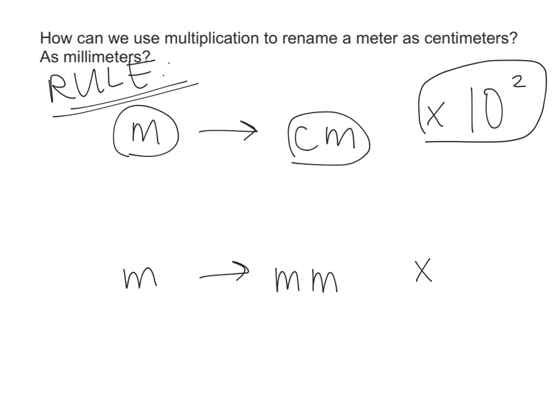And this time, if the problem's telling you to go from meters to millimeters, I need to multiply that number by what, Ben? 10 to the power of 2. So how many millimeters are there in 1 meter? 3. Why is it 3 and not 2? How many millimeters are there in 1 meter? 1,000, so it's 10 to the power of 3. You got it. Okay, good.